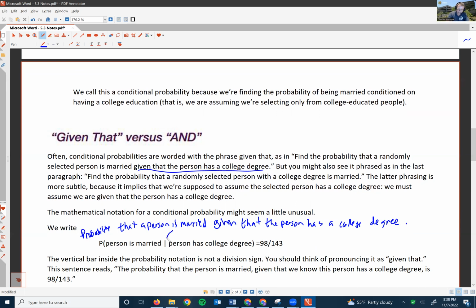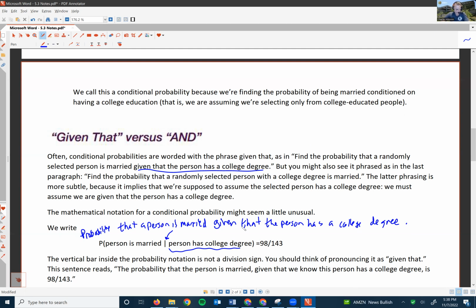This is where the conditional statement is: what comes after that is the condition. So we're finding the probability that the person's married, given that the person has a college degree. So we're stuck in the college degree row, and we have to find the column where they're married.